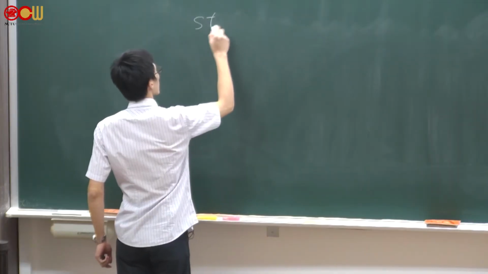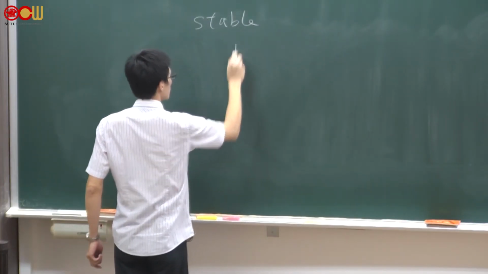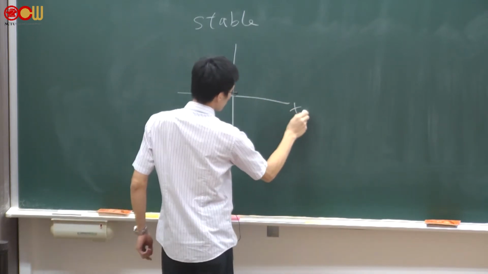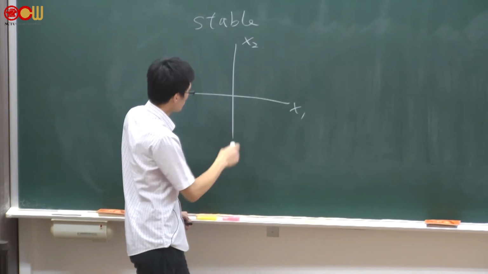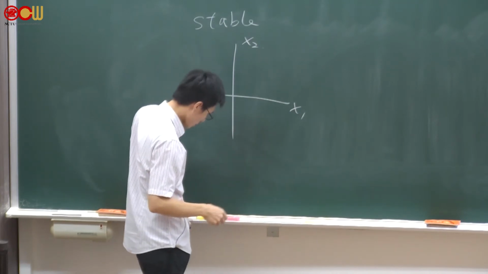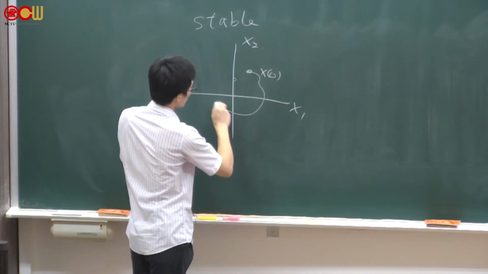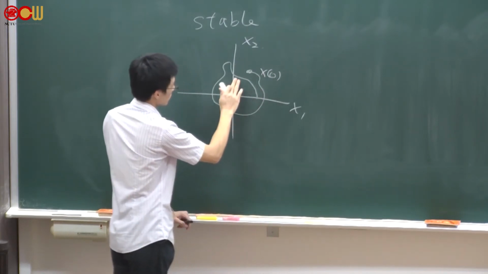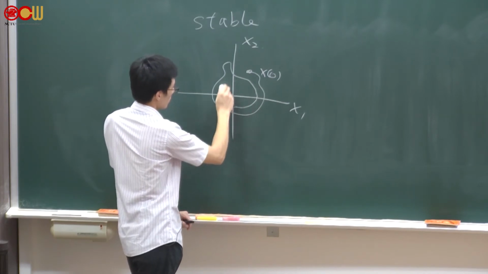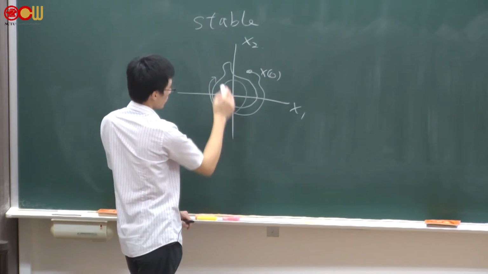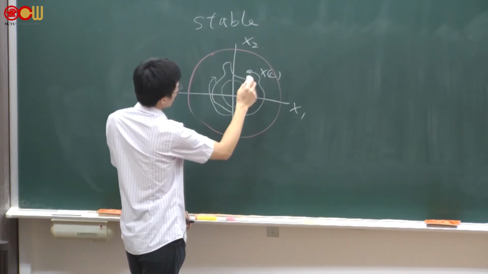We say stable. What's the definition of stable? We say x1, x2. The phase portrait for a stable system is like you start from here, and it's not necessary for the trajectory to converge to the origin, but it remains bounded, right? Remains bounded within some distance.